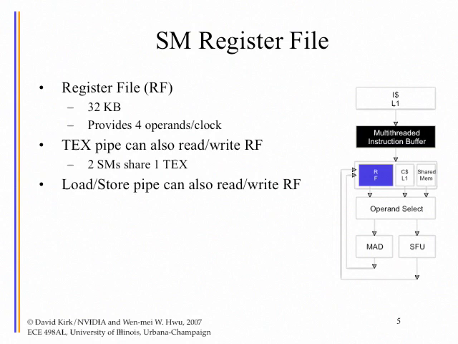So remember that the text unit is shared between the two SMs. So the text unit needs to be able to reach into these register files and get operands. Okay, it's a slower process, but it can be done. The load store pipe can also read-write the register file. The memory accesses will have to deliver all these results into the register file.